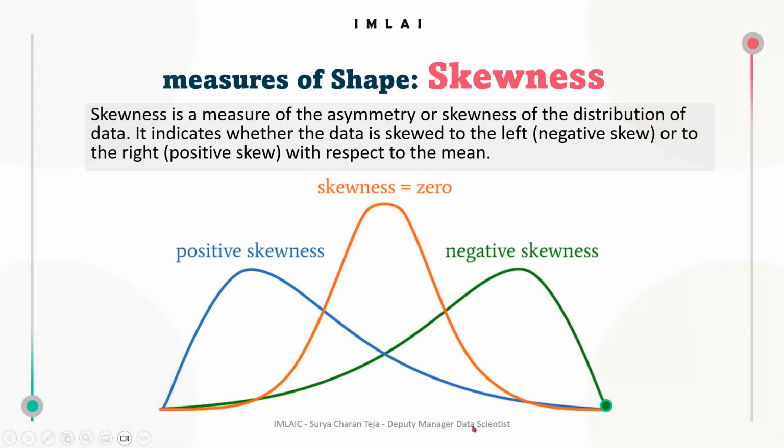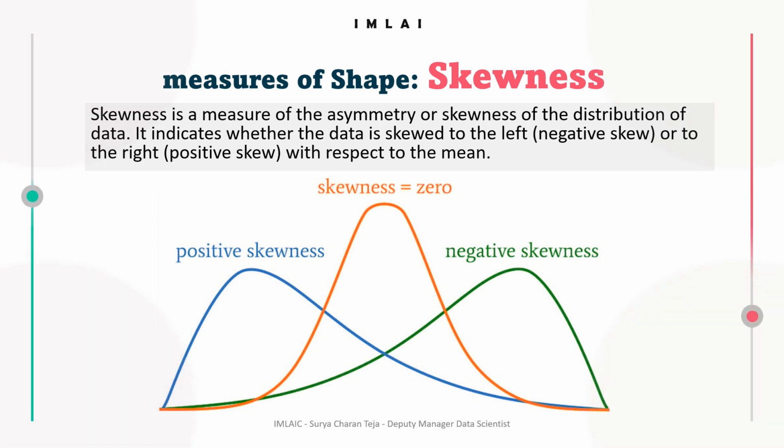You can clearly see that the negative side of the plot has been skewed, whereas the majority of data has been concentrated on the positive side. As the left side has been skewed, we can call it left skewed, and because the negative side of the plot has been skewed, we call it negative skewness.